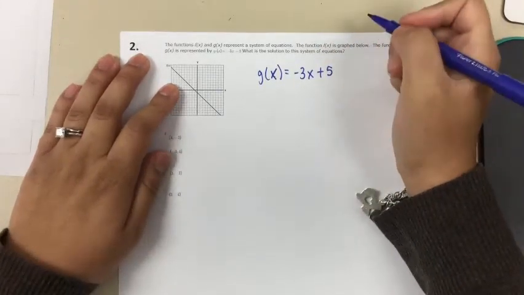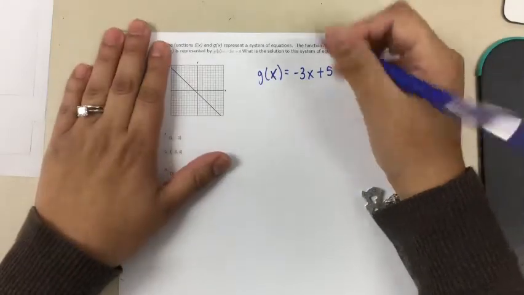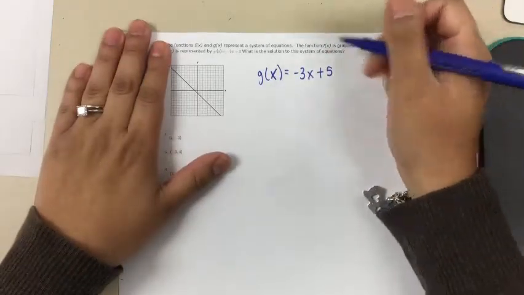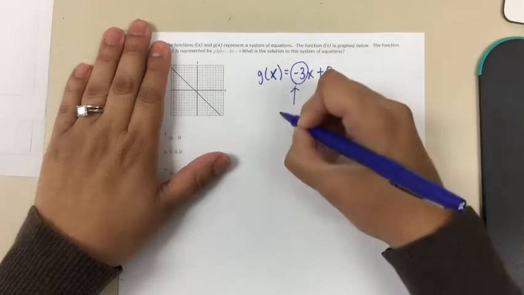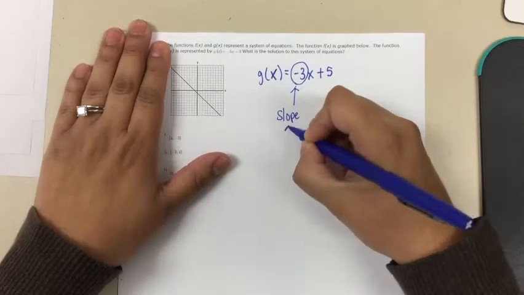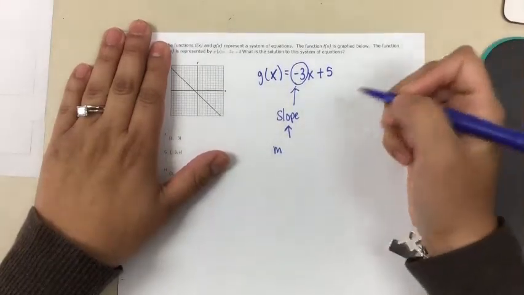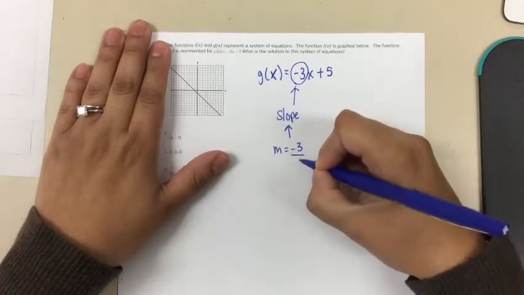This is stuff we've gone over for a while now. This is in slope-intercept form. This negative 3, that is your slope, okay? And remember, it's also known as your m. It's negative 3. I'm going to go ahead and turn this into a fraction.